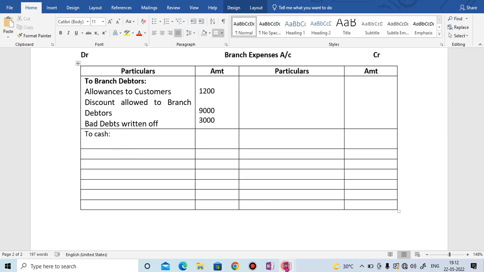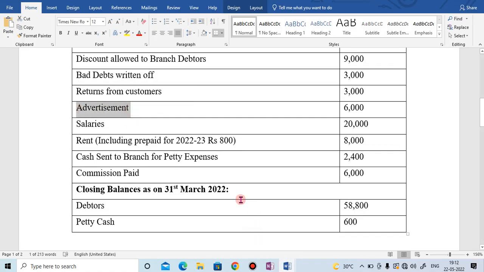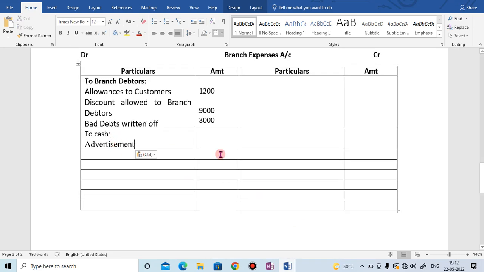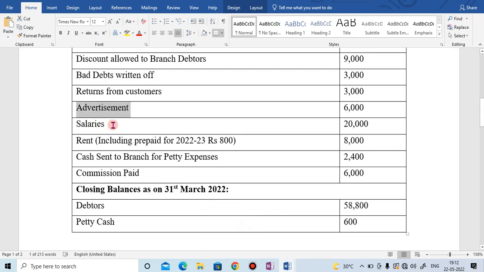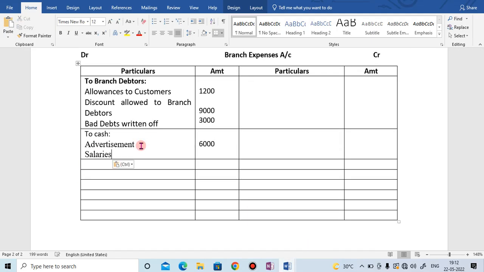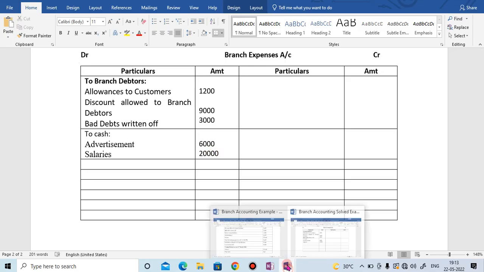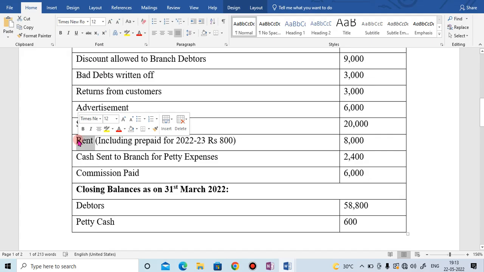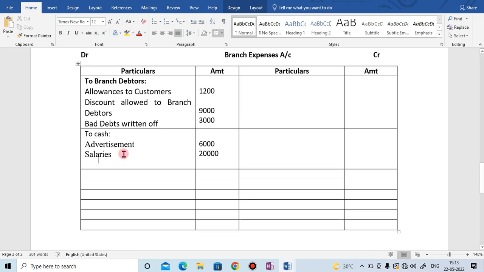Advertisement 6000 rupees, then salaries 20,000 rupees, rent 8,000 rupees.